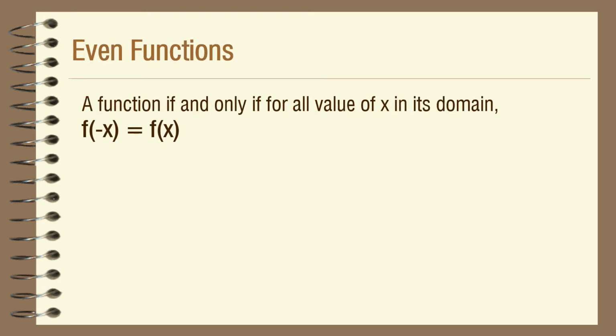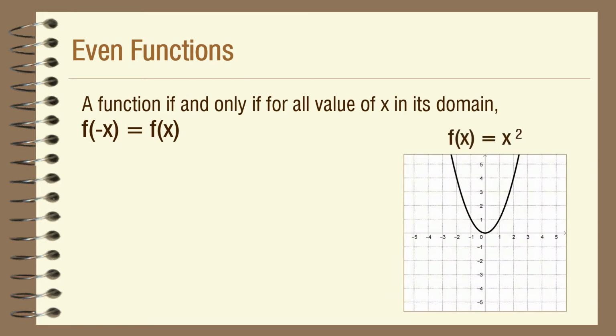Some functions can be classified as even functions or odd functions. We'll begin with an even function, which is a function that meets the following definition. f of -x will equal f of x. So let's take a look at an even function, f of x equaling x squared. If we had a point 2, 4, then we can say f of 2 equals 4.